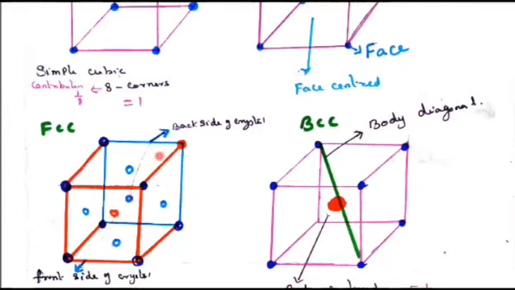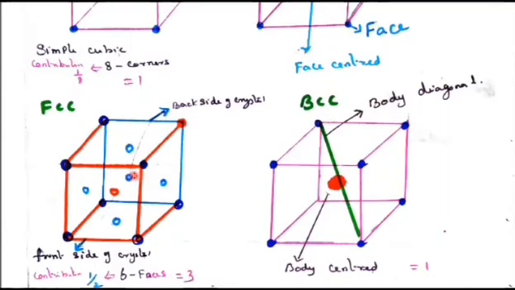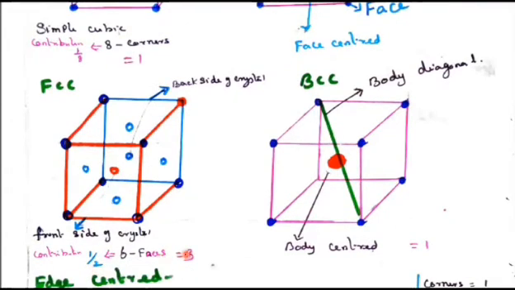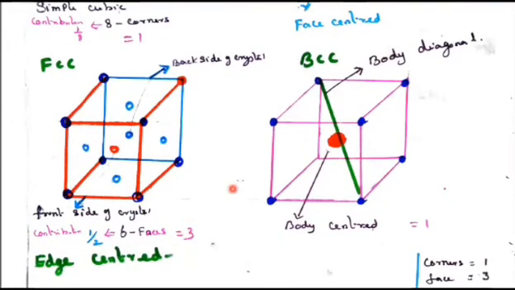Imagine one classroom with 4 walls touched by the roof and floor. Each face is shared by 2, so 1 by 2 into 6 faces is 3 for FCC, and the body center is only 1.